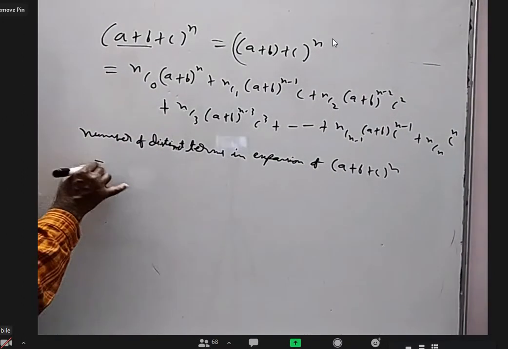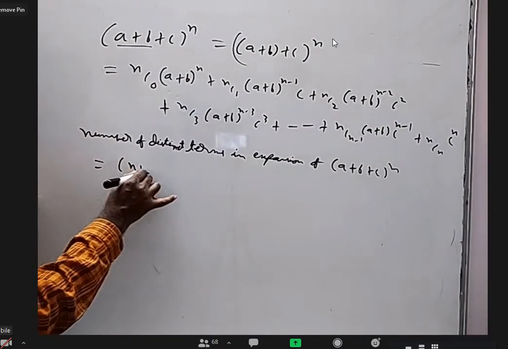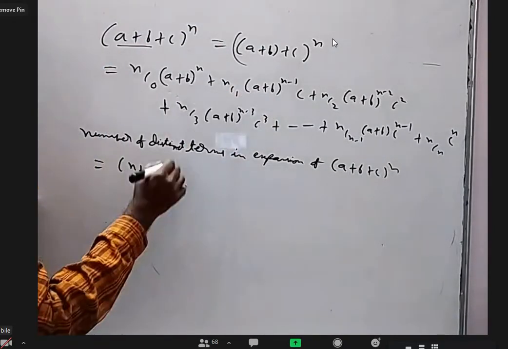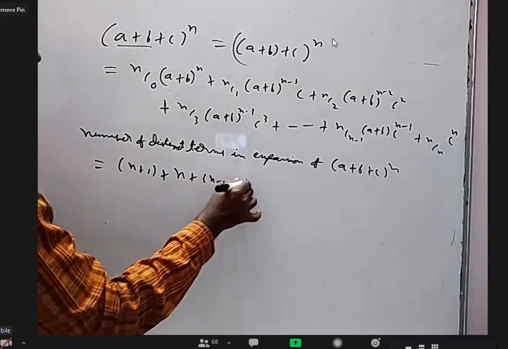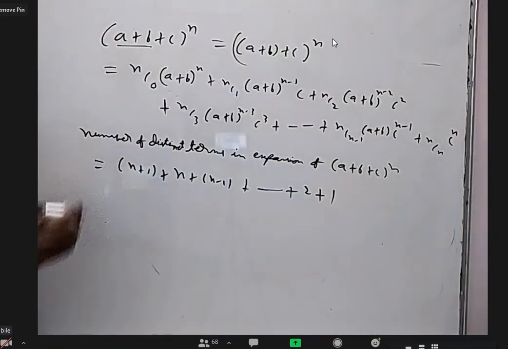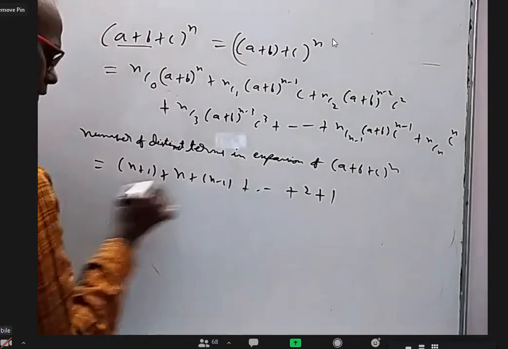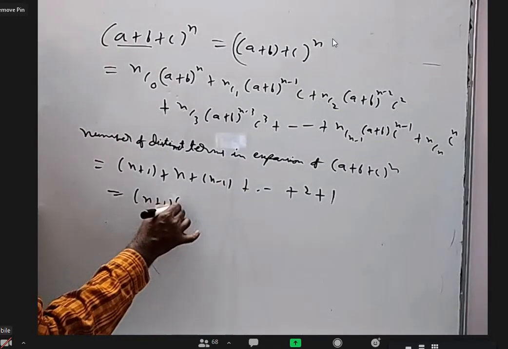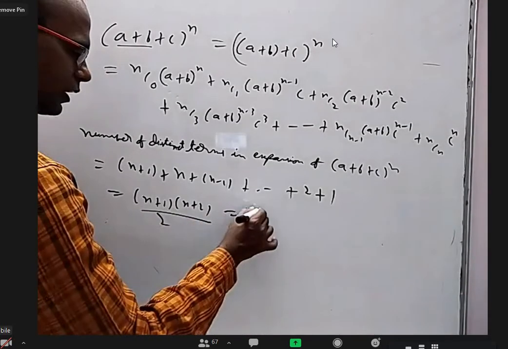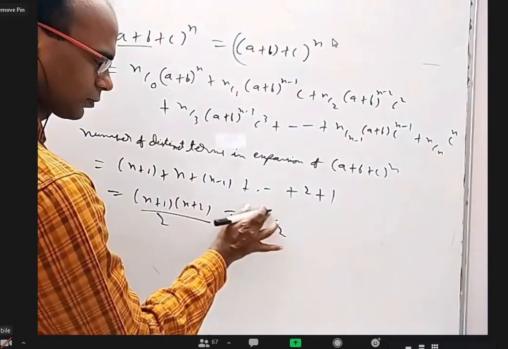So the number of terms in this will be n plus 1 in further expansion, because whenever the power is n, the number of terms is n plus 1. This will have n terms. This will have n minus 1 terms. The last two terms, and the very last one is 1. It is the sum of the first n plus 1 natural numbers. So it will be (n + 1)(n + 2)/2. If you want, you can even write this as (n+2)C2.